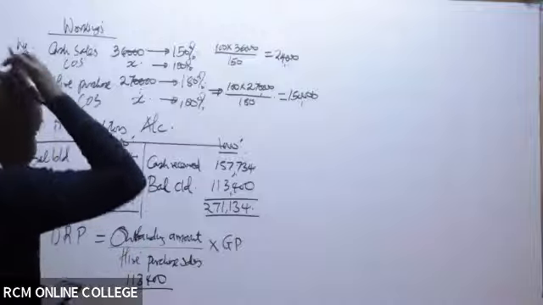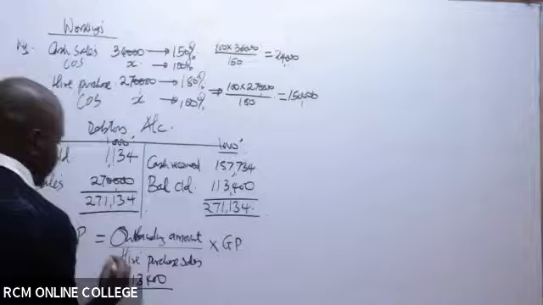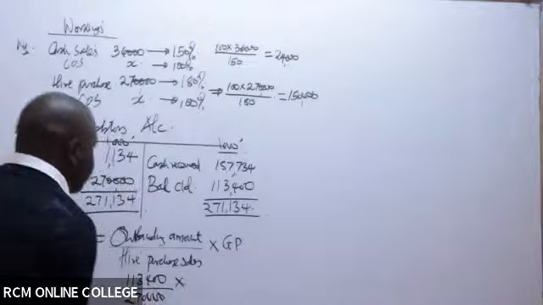You divide by the hire purchase sales, which are here, 270,000, and you multiply by the gross profit.